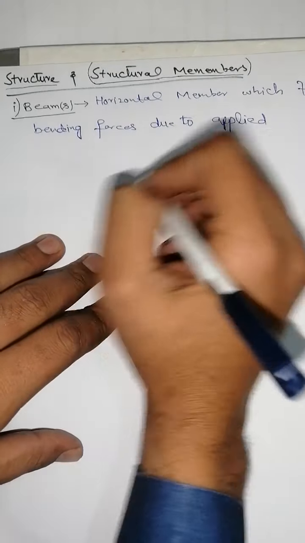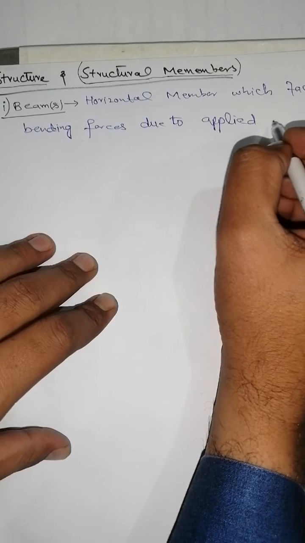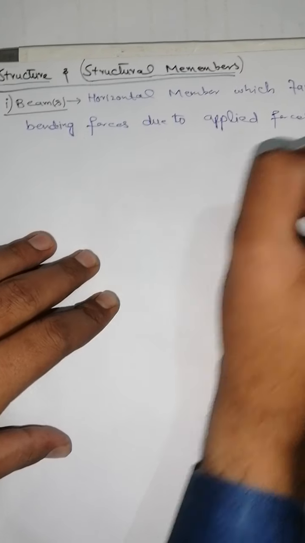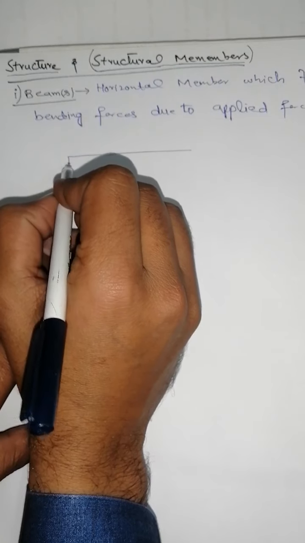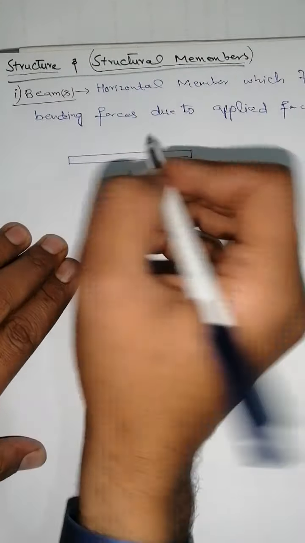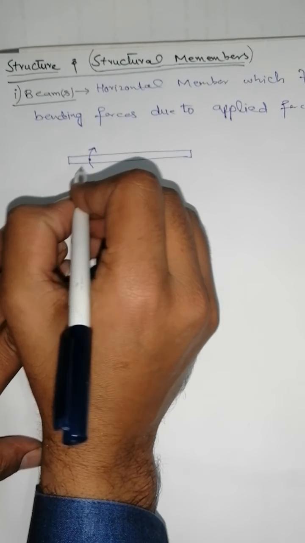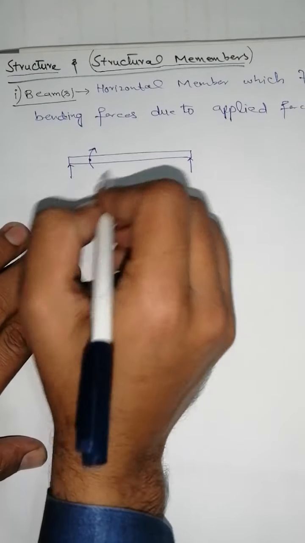So I will show this bent section of a beam due to applied loads. Suppose we have this beam section and some type of load. Suppose we have a moment load applied at this point, and these are two supports at the end of the beam.